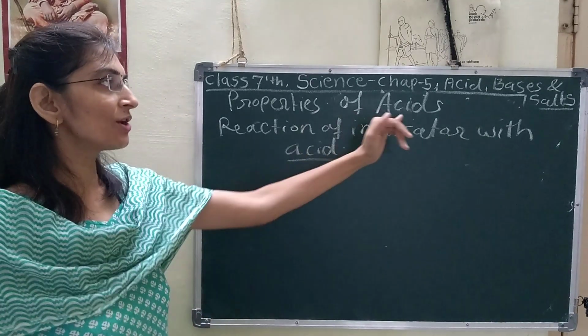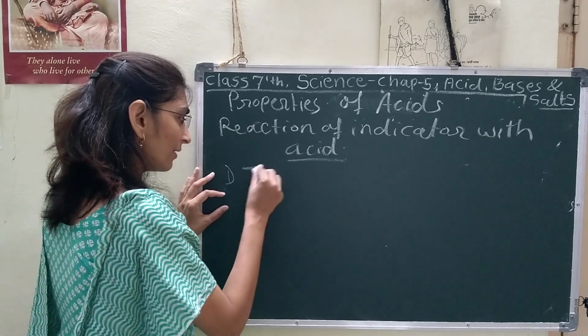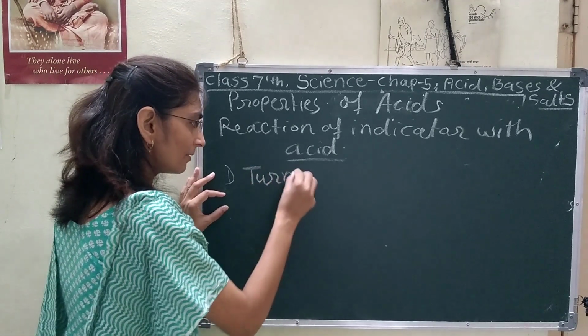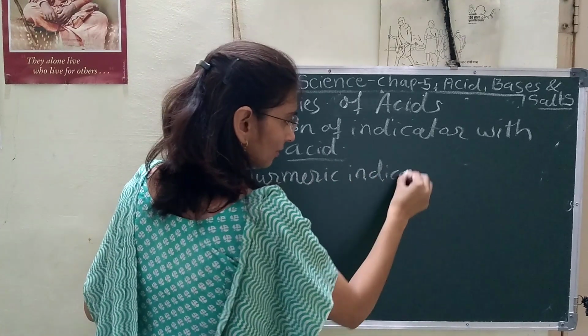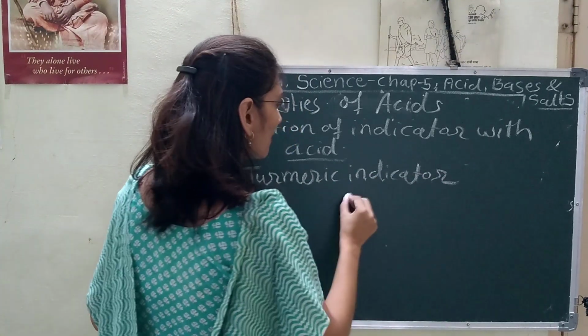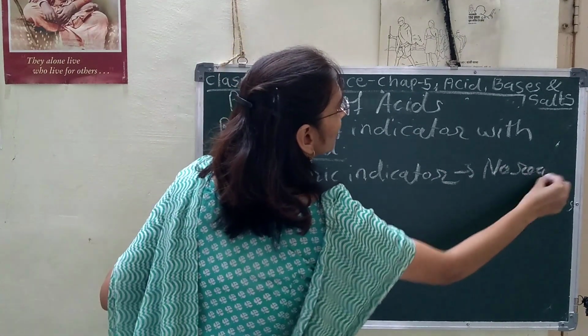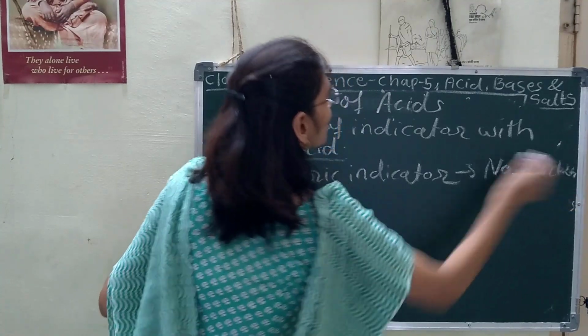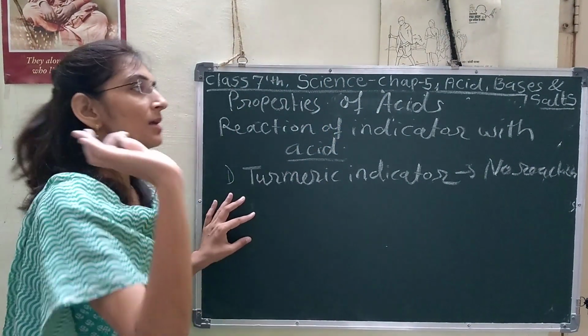Okay. So reaction of acid with indicator, what is the first? Turmeric indicator. If we take the turmeric indicator, what will happen? There will be no reaction. Means turmeric indicator के साथ acid की कोई भी reaction नहीं होती है.